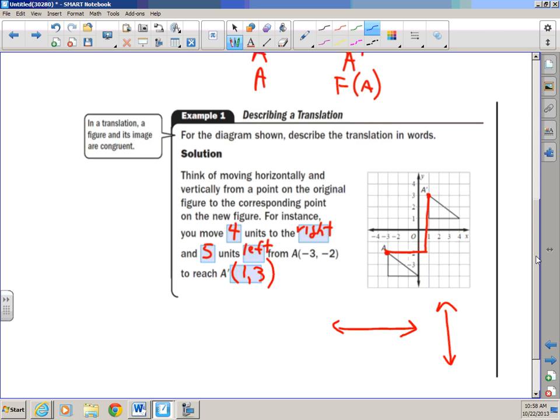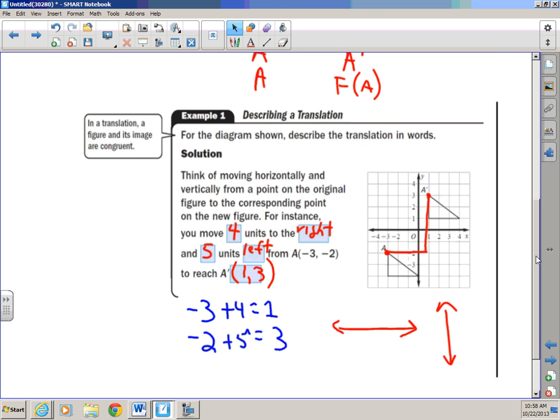Another way to look at it is I started at -3 for the x coordinate, and added 4 to it to get the 1. And I started at -2 for the y coordinate, added 5 to it to get to the 3. Okay?